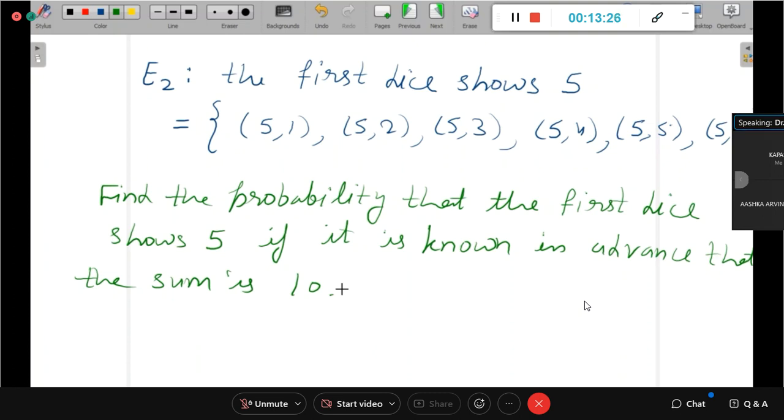If it is known in advance that the sum is 10, in that condition, what is the probability that the first dice shows 5?